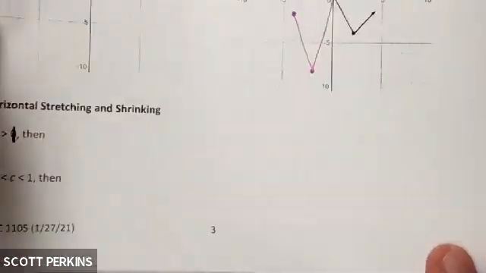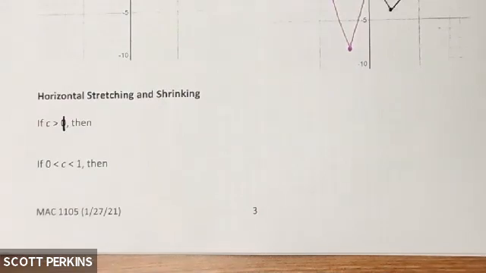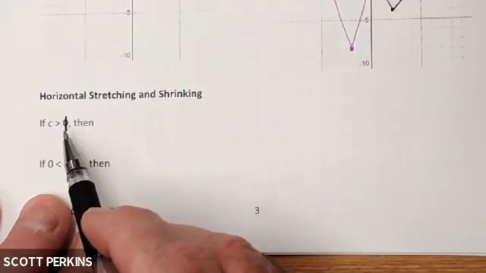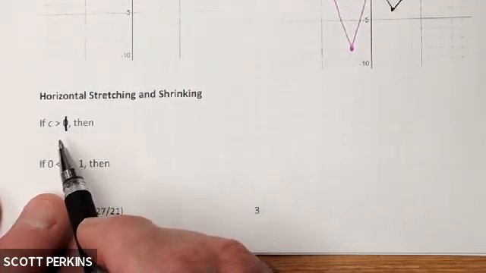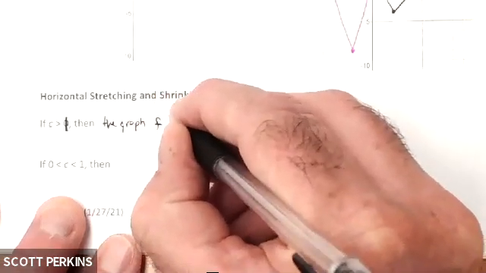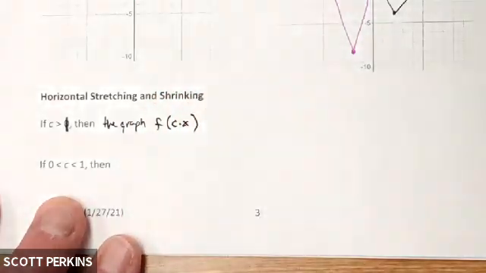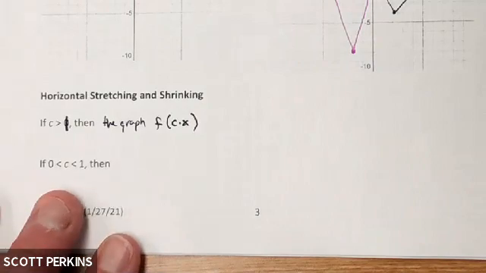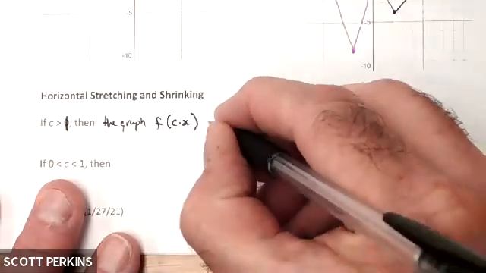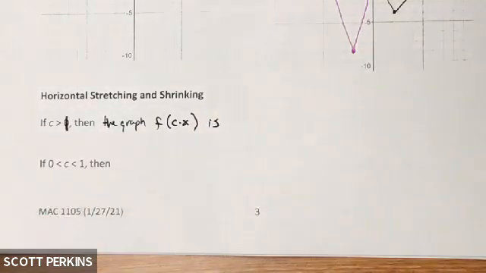And so I'm going to do my best to give you a nice, simple way to think about this after I have written up here the mathematical demonstration. So if c is greater than 1, so a number like 2 or 3 or 5 or 19, then the graph of f of c times x, so now I'm doing it inside directly to the x, and once again, it's counterintuitive.